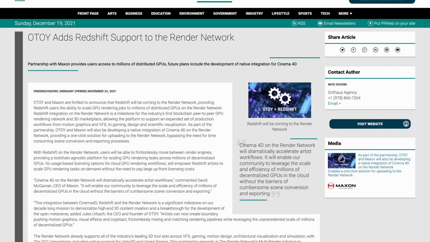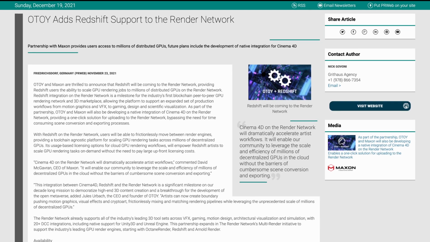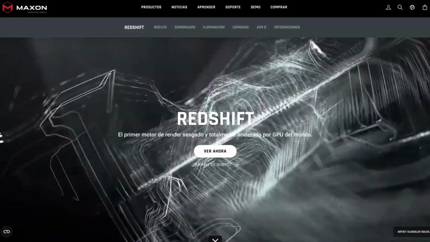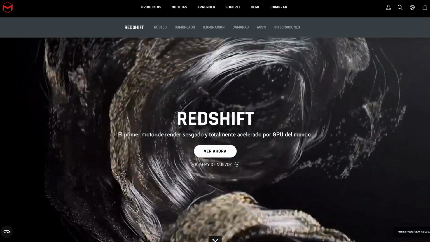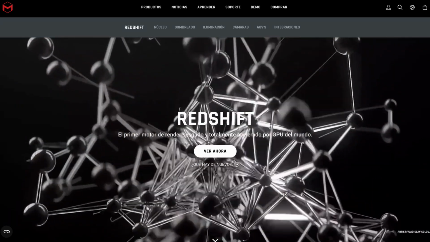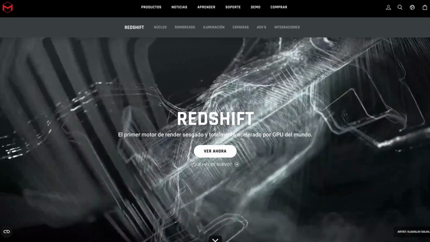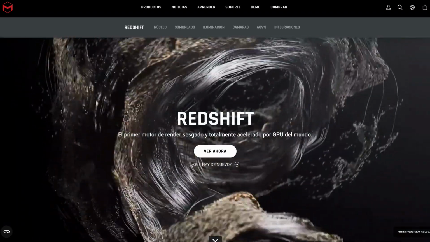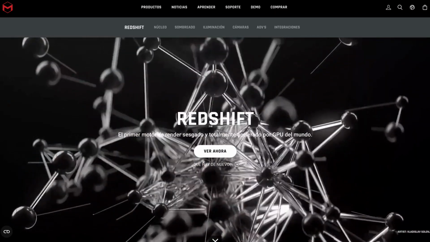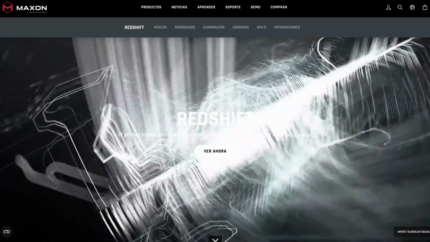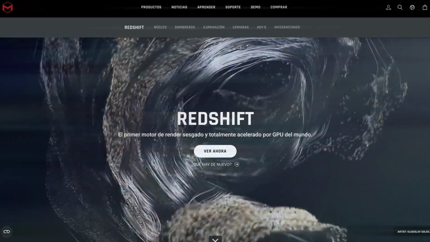It recently announced an agreement with Maxon that will provide native support for Redshift solutions to accelerate rendering on GPUs, and also for the award-winning 3D animation modeling, simulation, and rendering software, the well-known Cinema 4D.